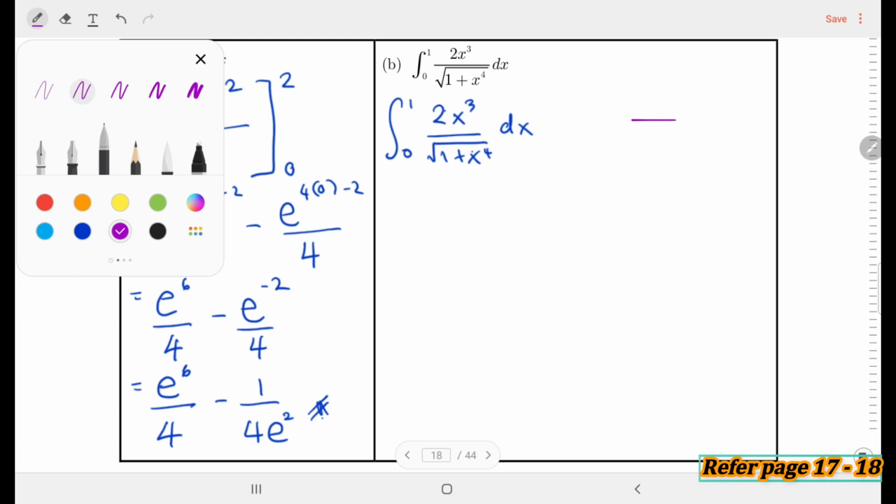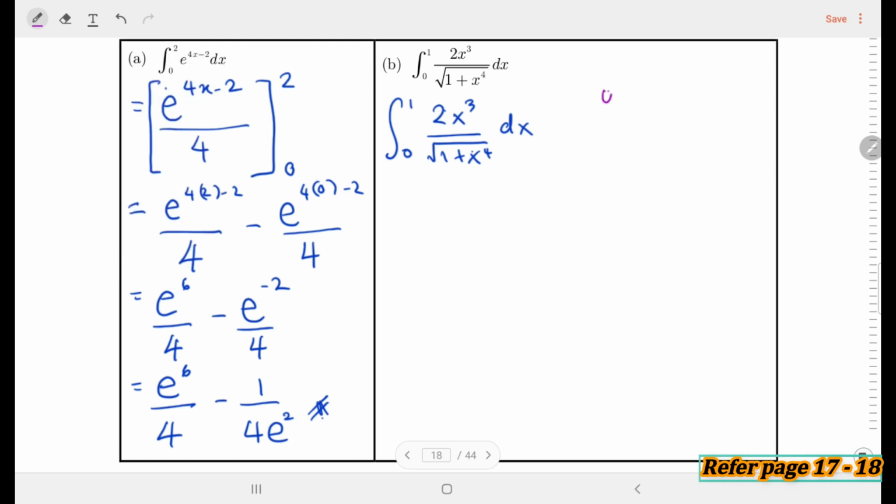Now I use the method of substitution. I choose u equals 1 plus x to the power of 4. When I differentiate, it becomes 4x to the power of 3 dx.